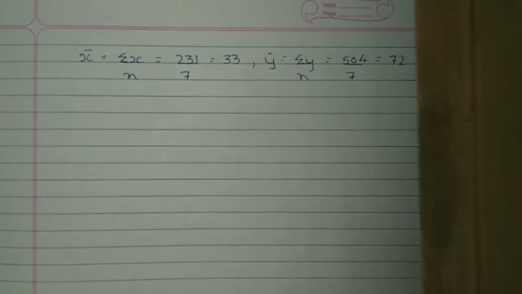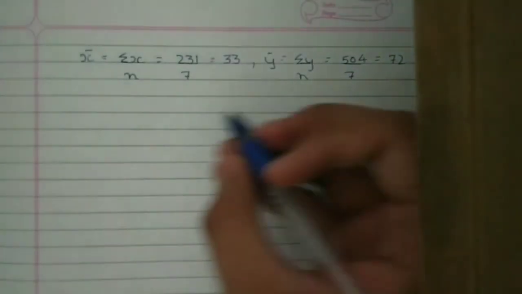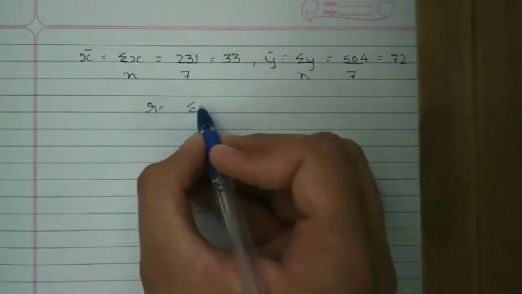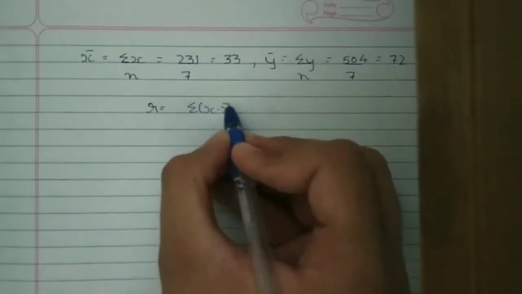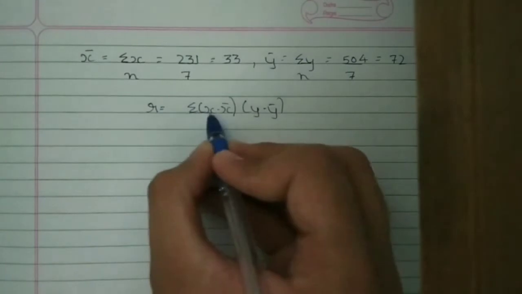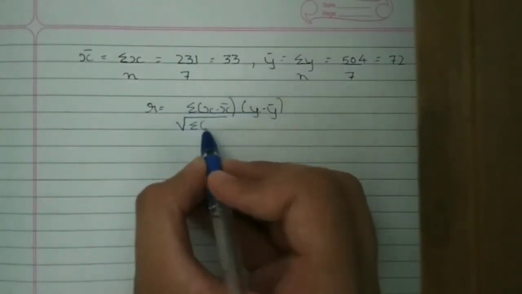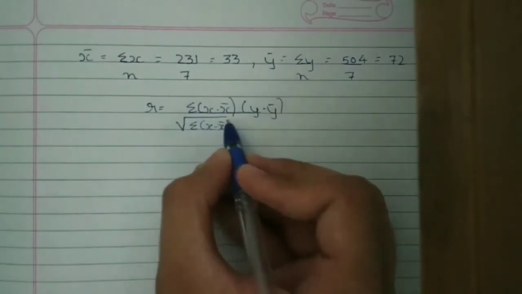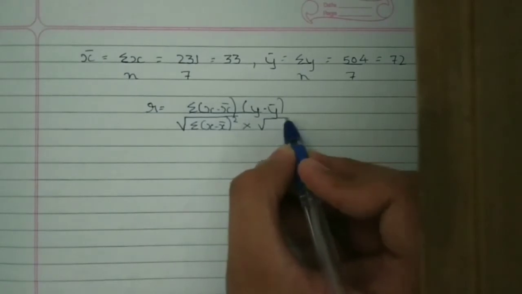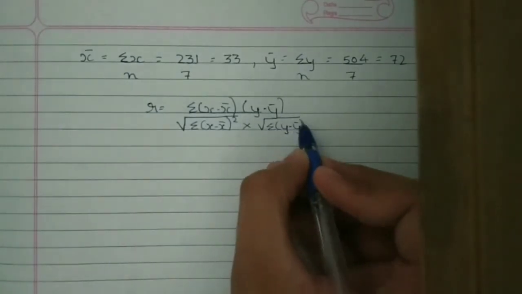Now you can see here the answer is an integer, so we will use the first method, which is r is equal to sigma (x minus x bar) into (y minus y bar) upon under root sigma (x minus x bar) whole square into under root sigma (y minus y bar) whole square.